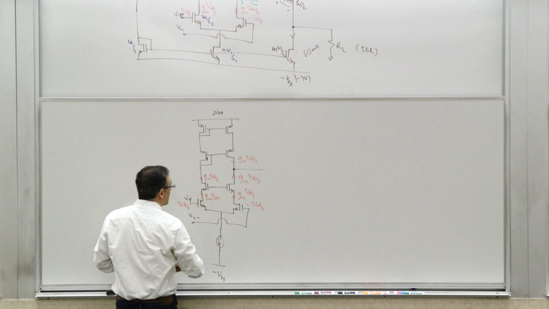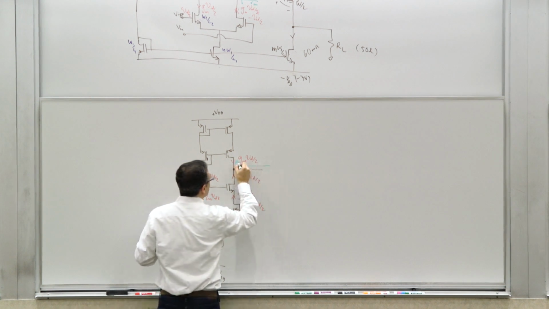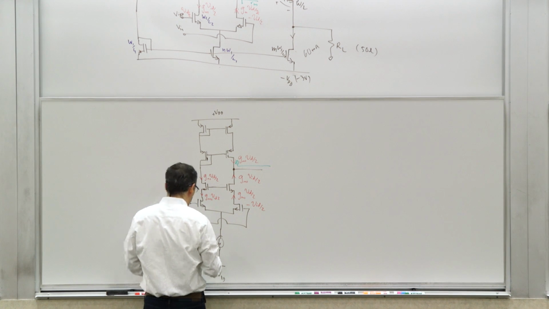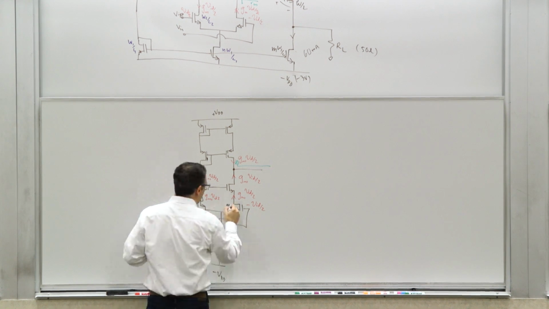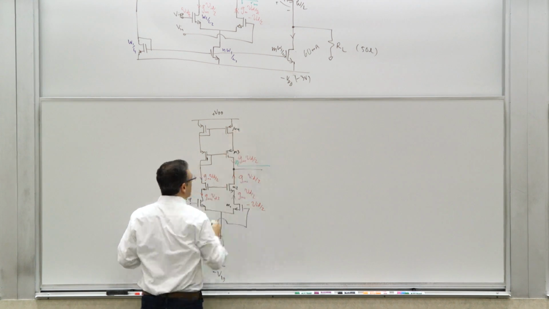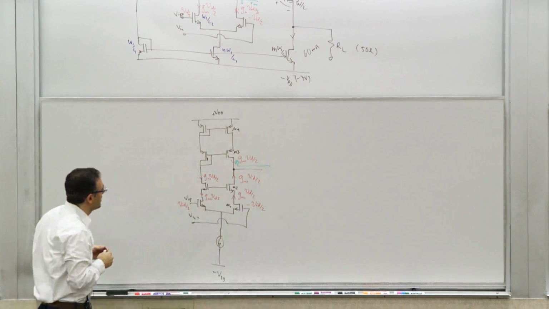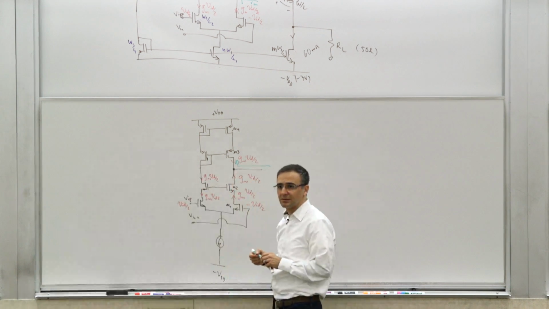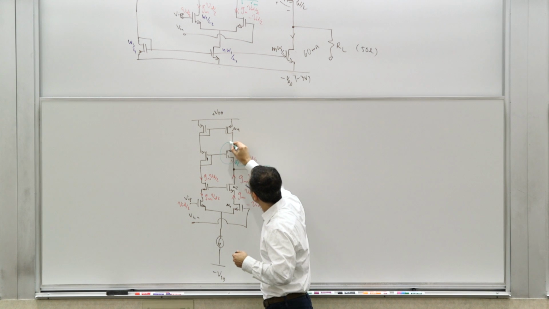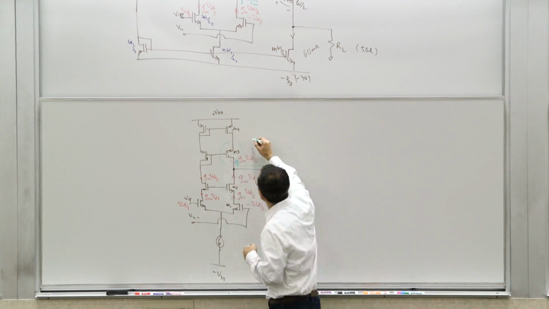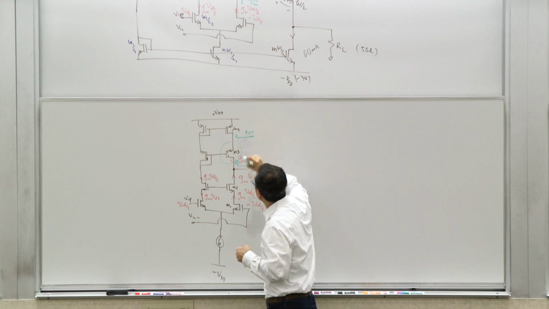The total impedance on this node looking up, what do you see? Let's call this M1, M2. So let's call this 1, 2, 3, and 4. Right? So what is the output resistance looking up? It's the intrinsic gain of this thing times the output resistance of this guy, right? We've gone over this stuff. So this is RO4.